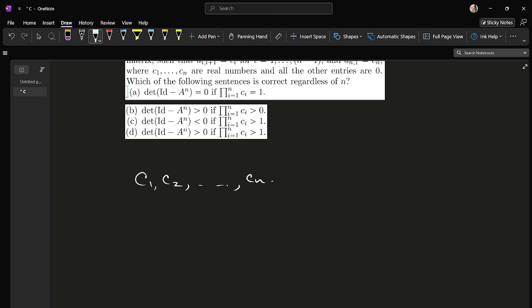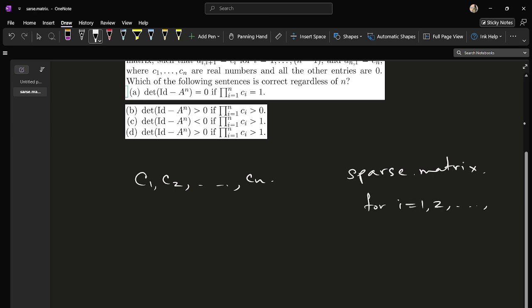So A is a sparse matrix, with Ci on the super diagonal for i equals 1, 2, ..., n minus 1, and Cn is the bottom left corner, the wrap around term. A represents a circulant matrix that cyclically shifts the indices and scales by c1, c2, ..., cn. Now we are going to think about the eigenvalues of A.